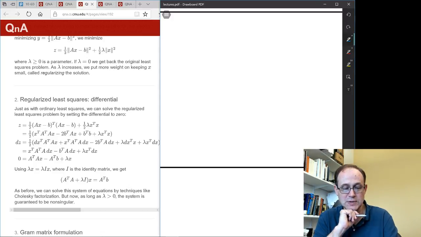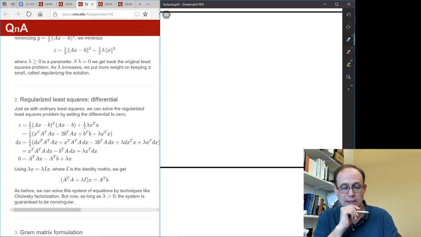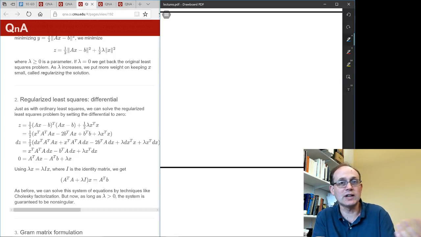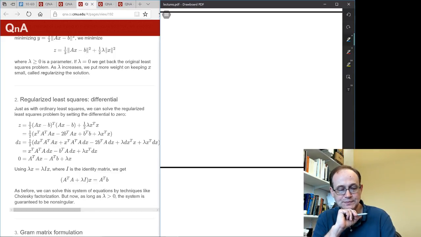We did that for 2 copies of norm squared, and then multiplying out everything, just so that we do things in a different order and get a slightly different example of how to work with differentials. And again, I've brought together B transpose AX and AX transpose B. Those are the same term because they're both scalar and they're the transpose of each other. And so we get 2B transpose AX.